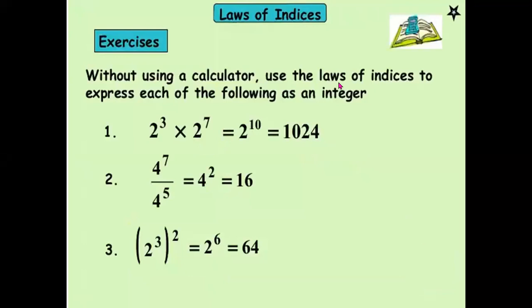Okay, here. If we try to practice, I'm giving the answer here for purposes of discussion. 2 to the power of 3 times 2 to the power of 7: we add the power and keep the base, so that is 2 to the power of 10. 4 to the power of 7 divided by 4 to the power of 5 is equivalent to 4 raised to the power of 2, because in division we minus the power.